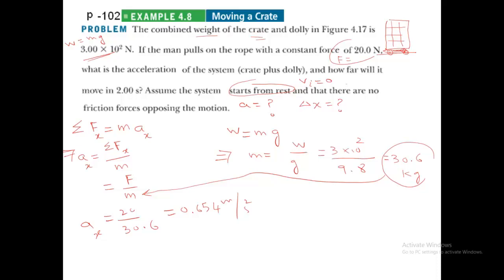It will be 0.654. Now the second part, the displacement, how far will it go? We have v_i t plus half a t squared, since we're talking about the acceleration along the x-axis.